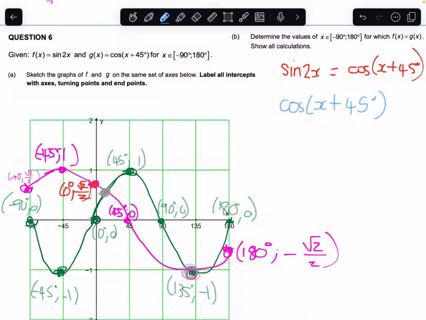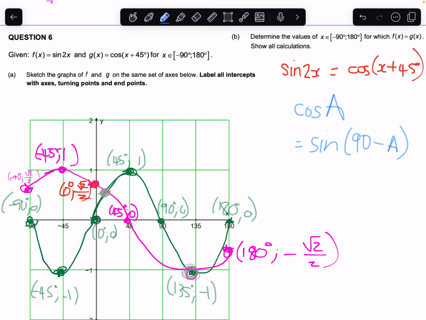Okay, so the relationship I'm going to use is that cos of some angle is the same as sine of 90 minus that angle. Wow, that took a lot out of me.